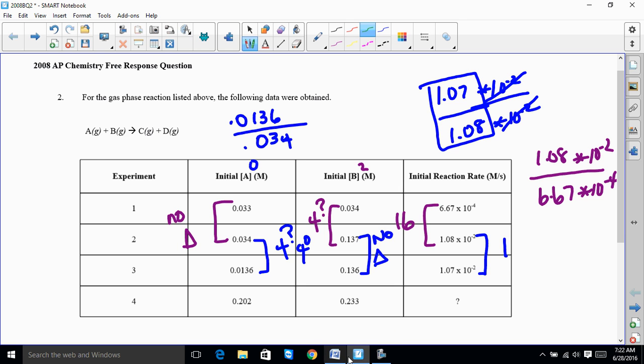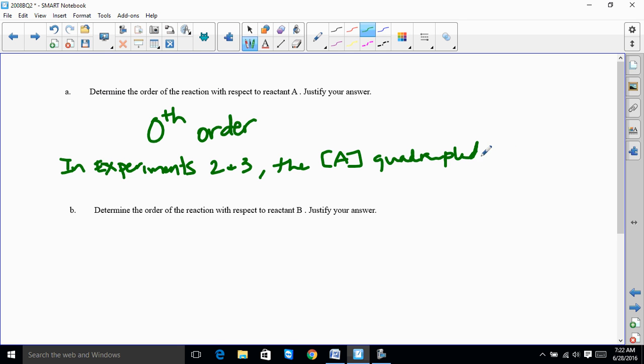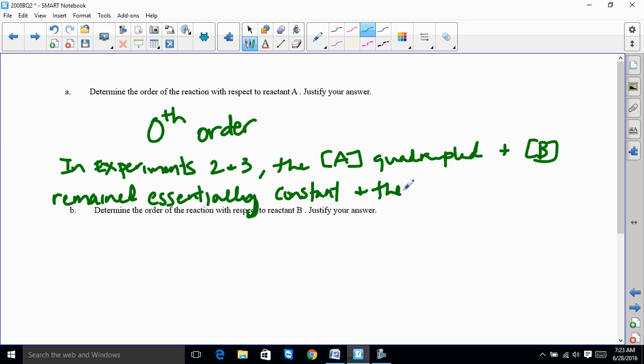Something on that order. So something like: in experiments 2 and 3, the concentration of A quadrupled and the concentration of B remained essentially constant, and the reaction rate did not change.